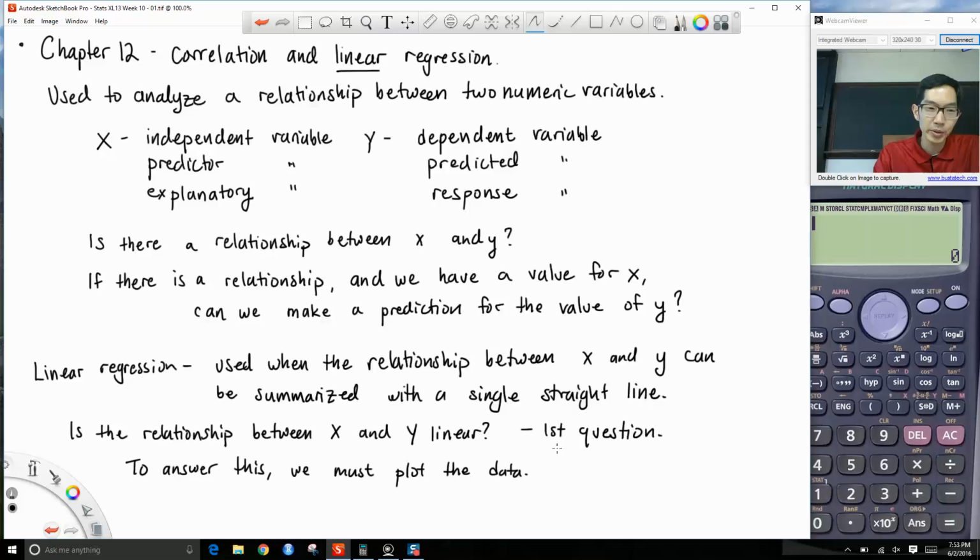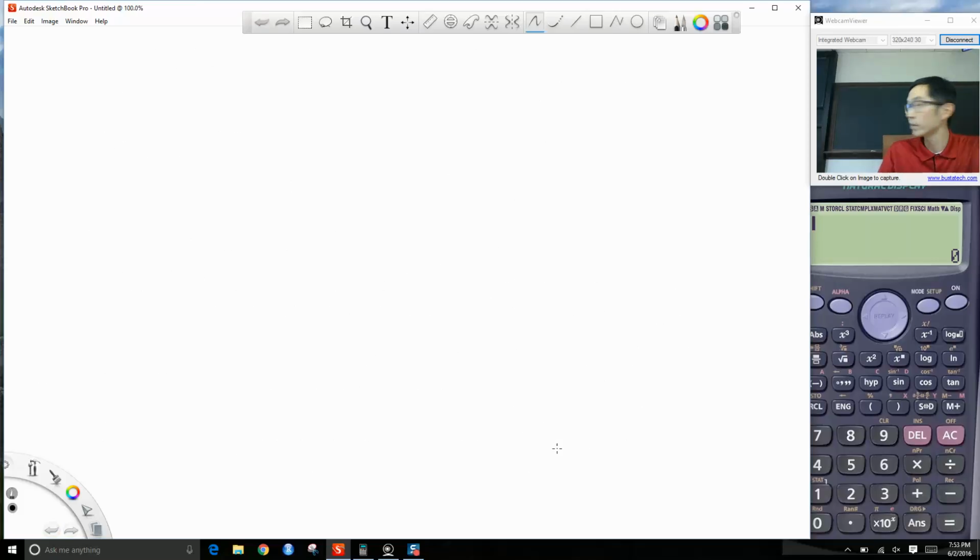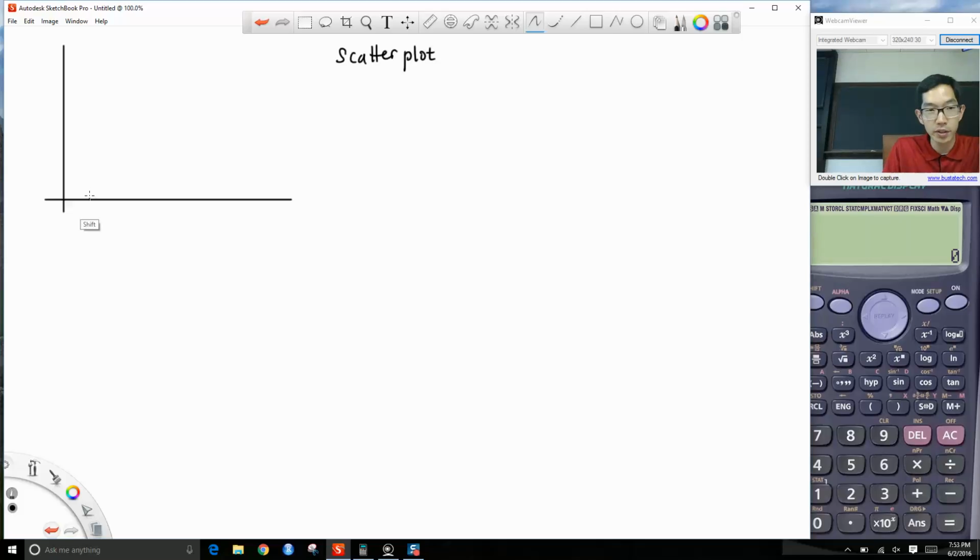So we create a scatter plot, okay? And a scatter plot is just graphing your data as coordinate pairs. So maybe you have 1, 2, 3, 4, 5.